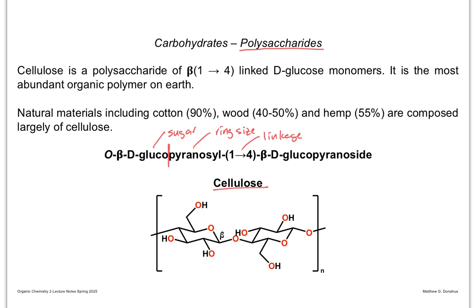So cellulose has basically 2 molecules of glucose linked together from this number 1 carbon atom to that number 4 carbon atom.